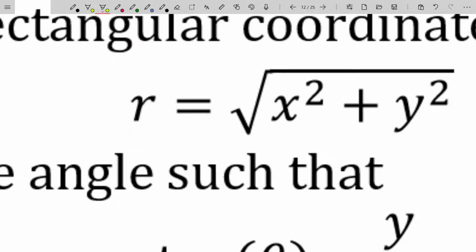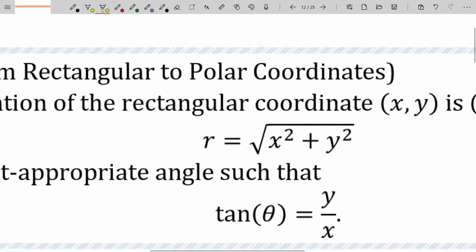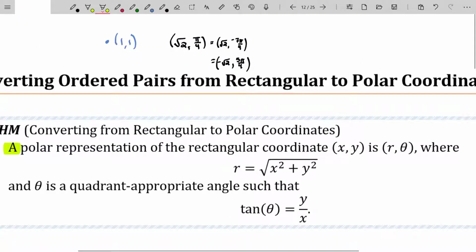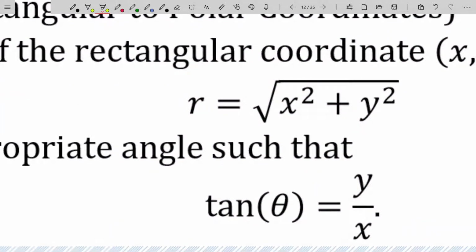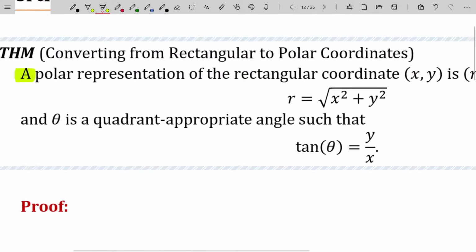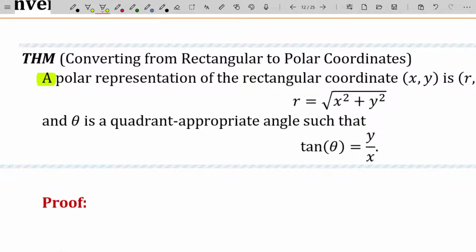Again, there's an infinite number of representations for that polar coordinate. However, we're going to choose the representation where we're forcing r to be positive. It just helps us out, that's all. And theta is a quadrant appropriate angle such that the tangent of theta is y over x.